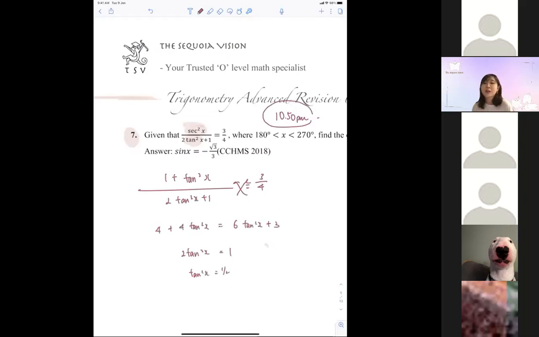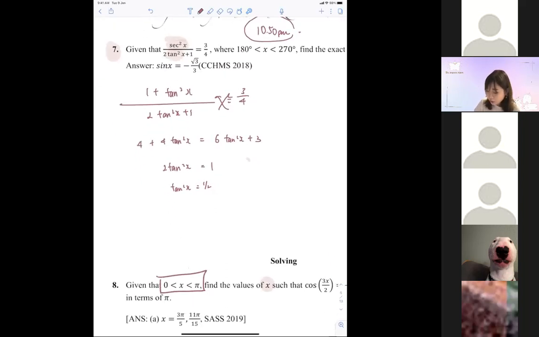When you want to get tangent x, you need to square root. And whenever you square root, you must put plus minus. You cannot just straight away put a positive or a negative, otherwise you lose a mark. Then you must select.